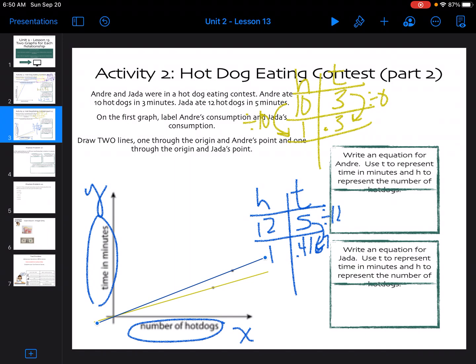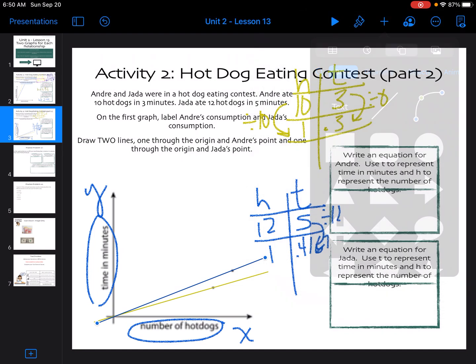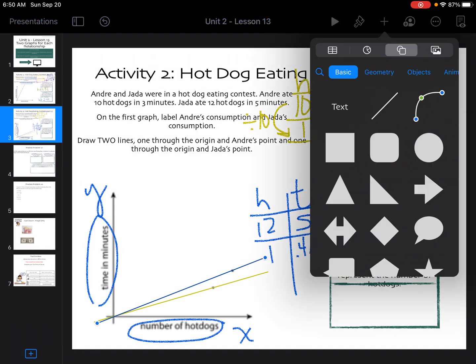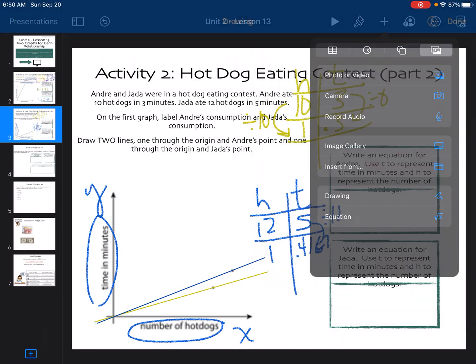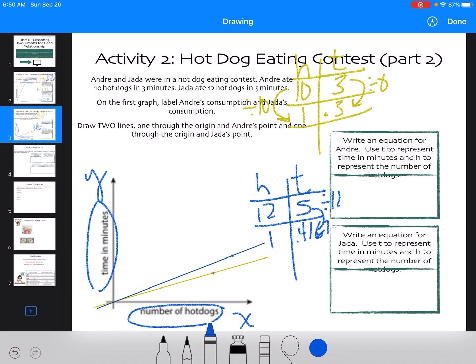So if I'm doing Jada, I know the time is going to be 5/12 because I don't want to use this crazy number. So I'm going to use my fraction, 5/12 times the number of hot dogs.